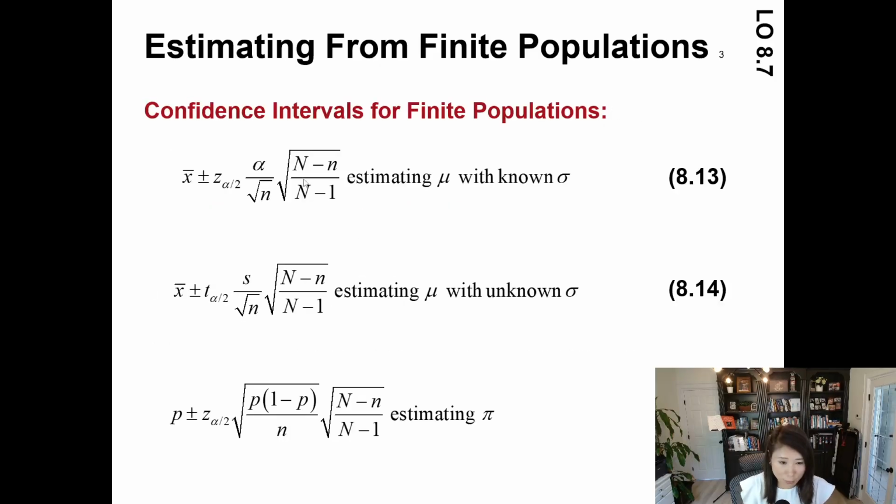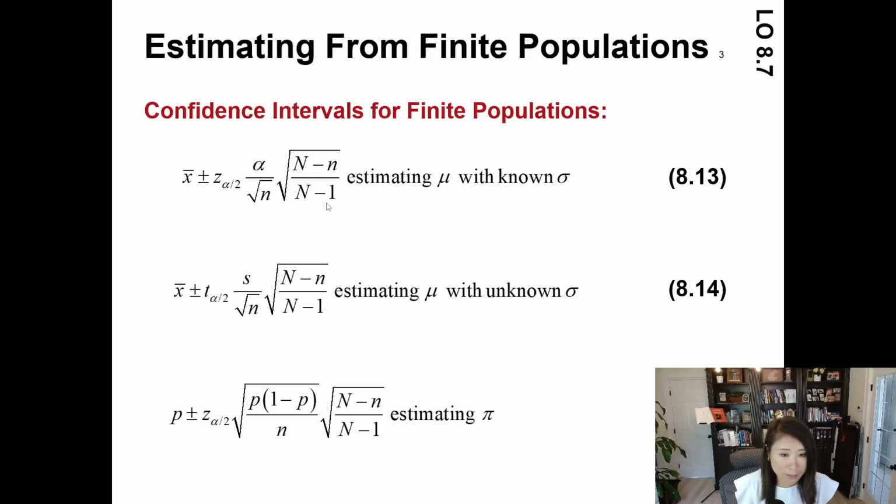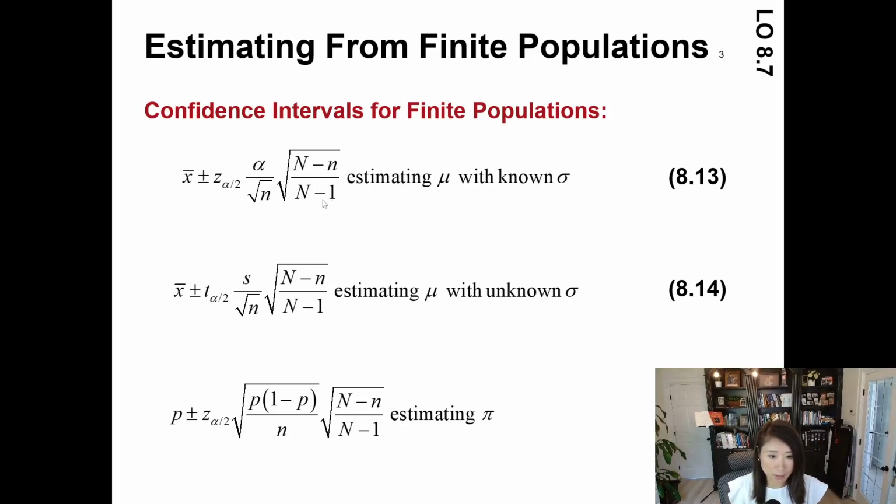It's very straightforward. First, we need to decide: are we facing a finite population? If so, we use the formula we already learned, but multiply the margin of error by the square root of N minus n divided by N minus 1. We're going to look at an example together to make sure you know how to use this factor.